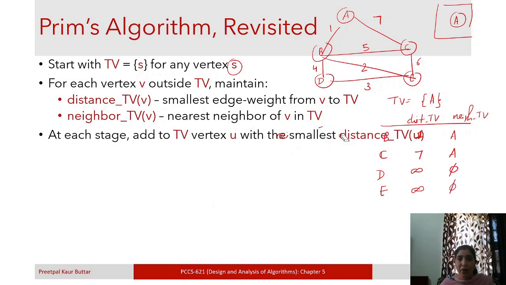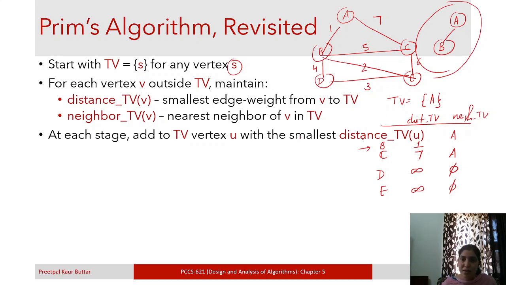And now at each stage add to TV the vertex U with the smallest distance TV U. So now what we will add here, the vertex U with the smallest distance. So here it is B, so we will add B. Now the vertices in the tree, there will be two vertices, A and B, right?